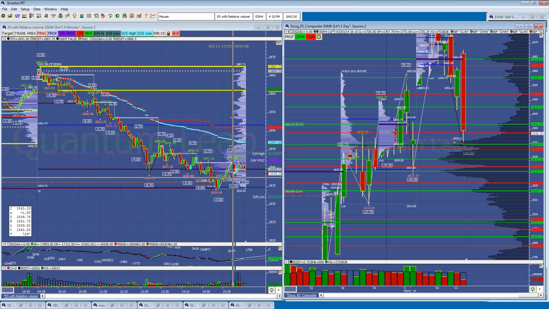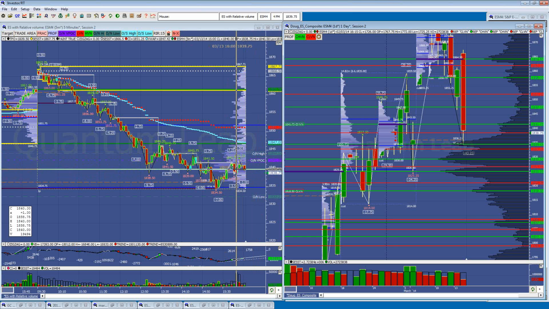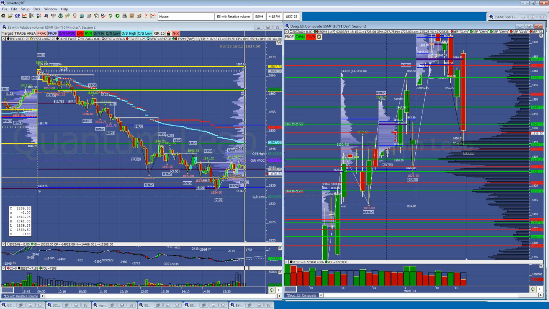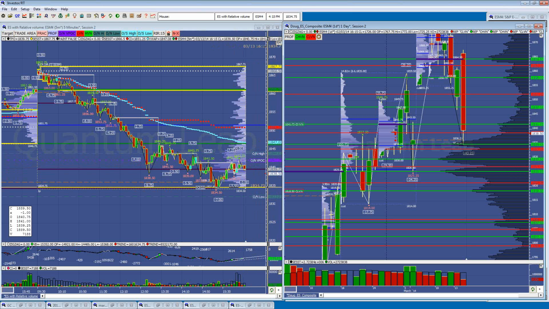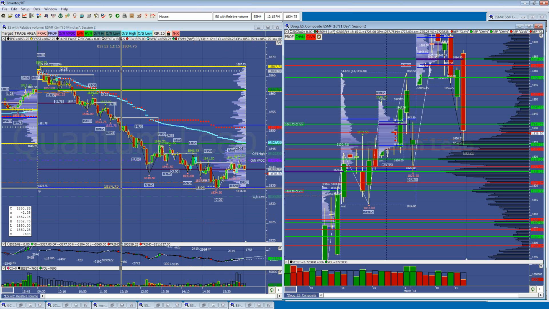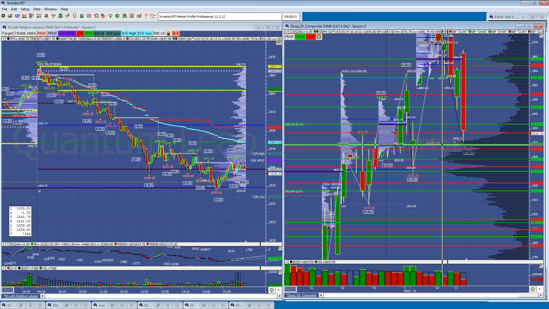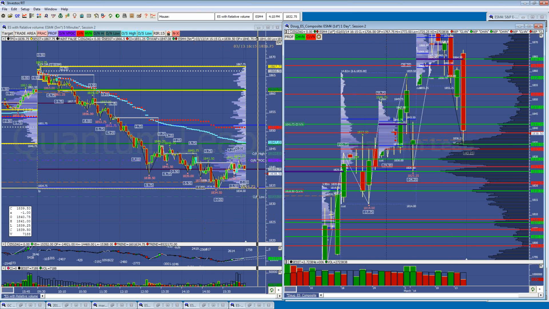They basically stole the VPOC from us at the end of the day, as we found buyers stepping in and holding us up. So we're going to open up in this lower distribution. Our value area low is basically our range low, and right at that key 34.75, 34.50 level. So that's going to be a big level for us to hold right now.